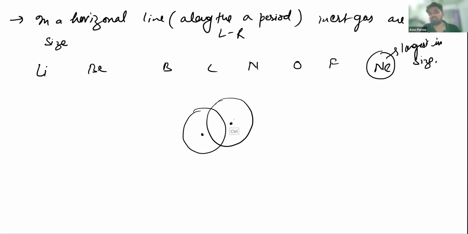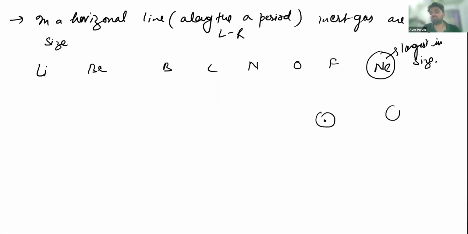But neon is an inert gas. It does not exist in the form of Ne2 or He2. So we just have one neon atom here and another neon atom here. We just calculate this distance, and the van der Waals radius is this divided by 2.